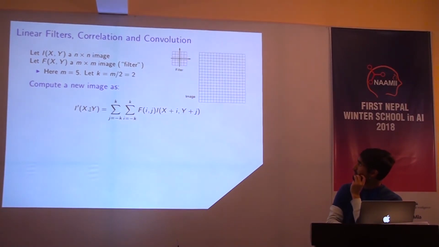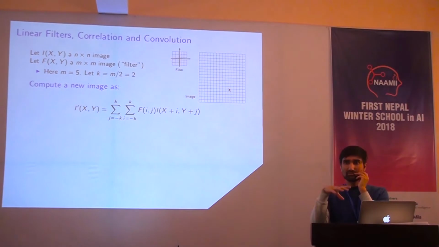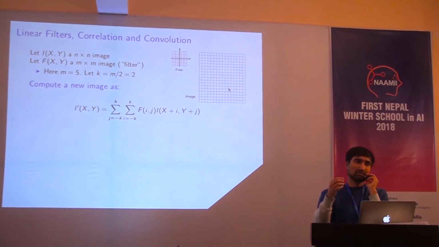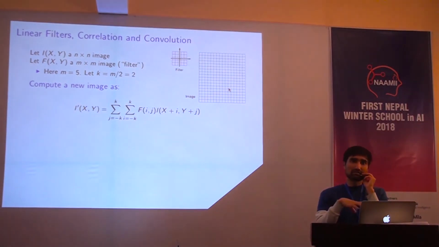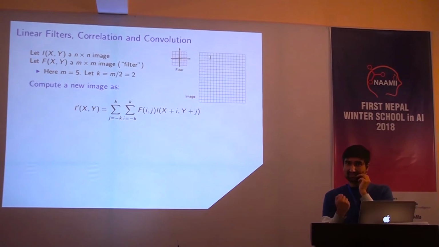First, the notion of convolution is applying a certain kind of filter or kernel. Sometimes you hear people saying kernel, mask, filter. What it usually means is you have this big image over here, and you want to apply something over this image to extract some feature from it. In our case, it was edges earlier.